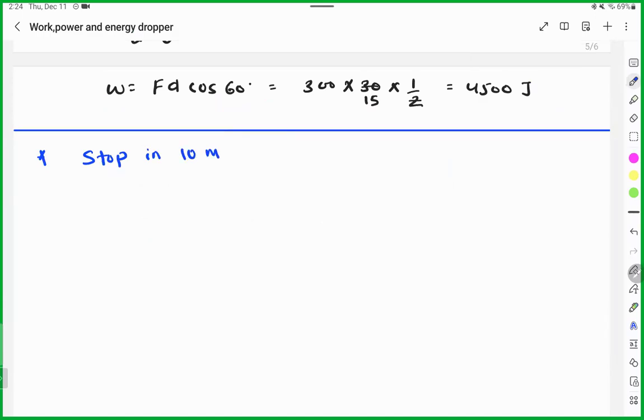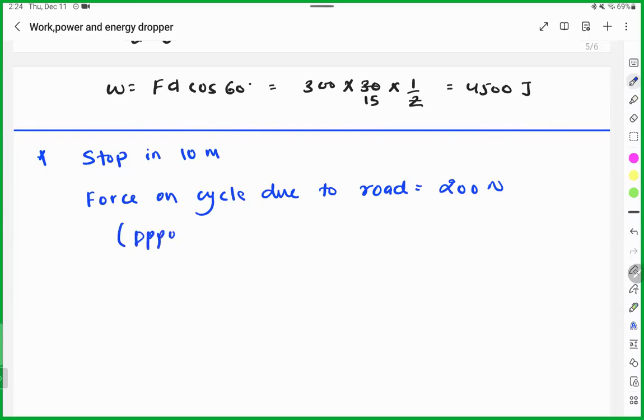During the process, the force on the cycle due to the road is 200 Newton, and directly opposite to the motion, of course.